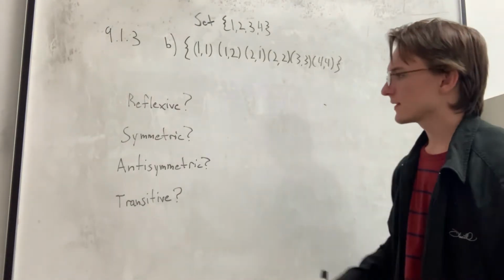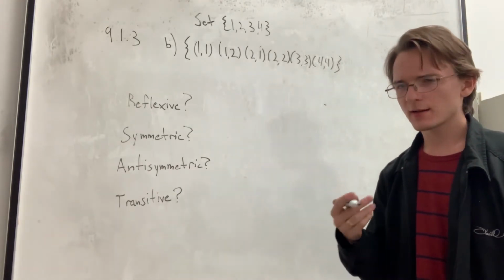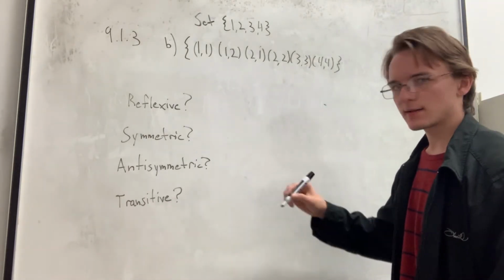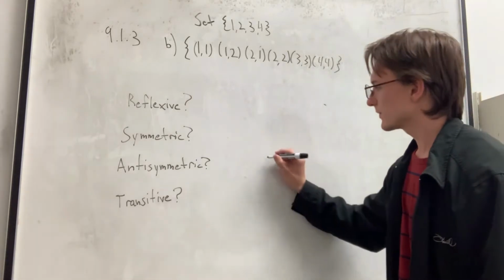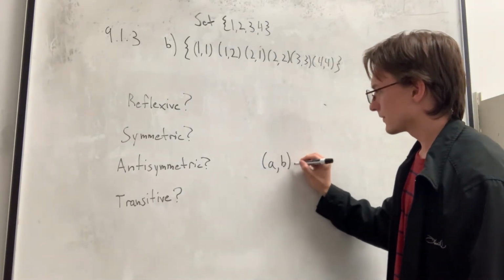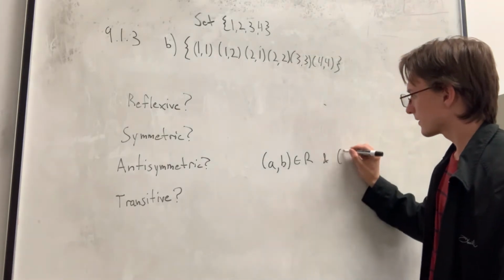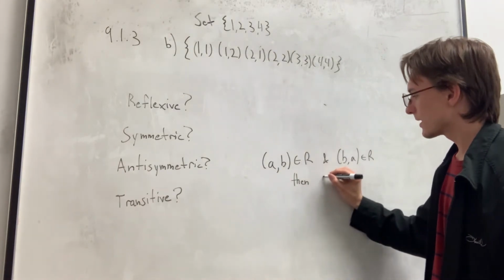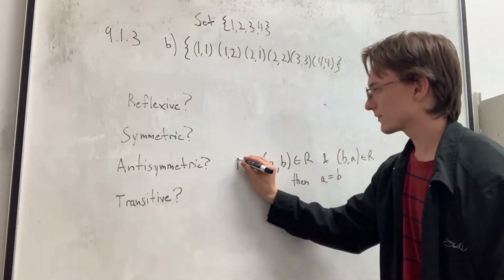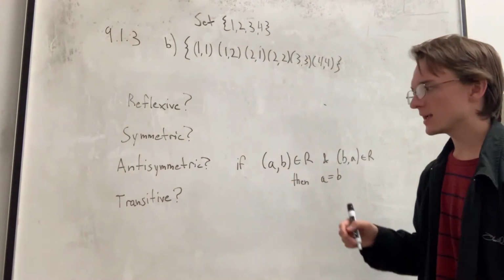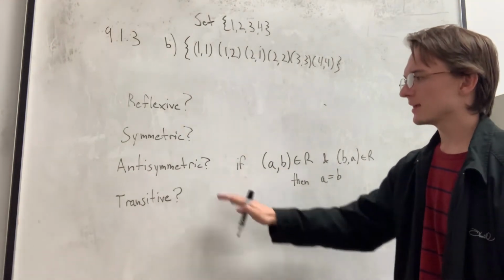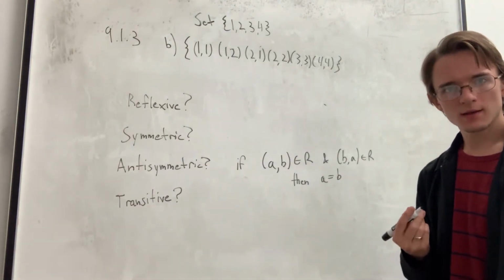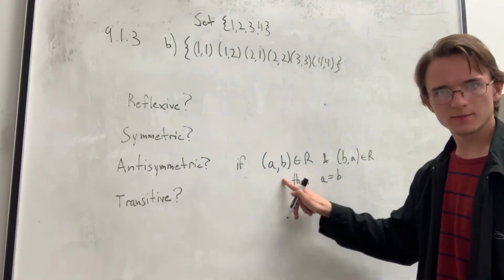It's worth mentioning that antisymmetry has kind of a reflexive property attached to it. What I mean by that is that the definition of antisymmetry is that if A comma B is in a relationship and B comma A is in a relationship, then A is equal to B. That is to say, the only time a symmetric pairing is allowed in an antisymmetric relation, for the antisymmetric property to still hold true, is when A and B match.